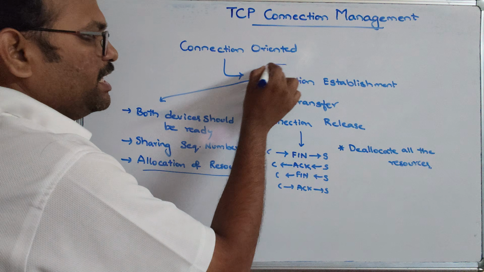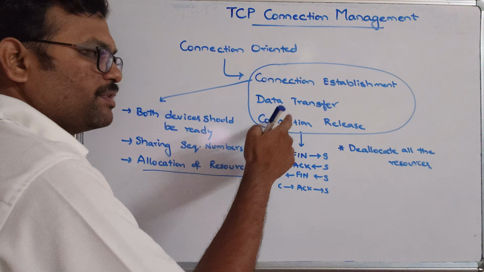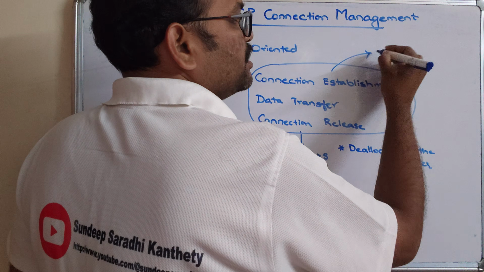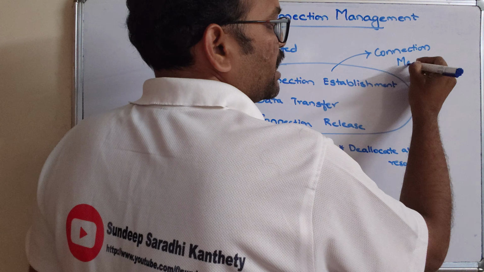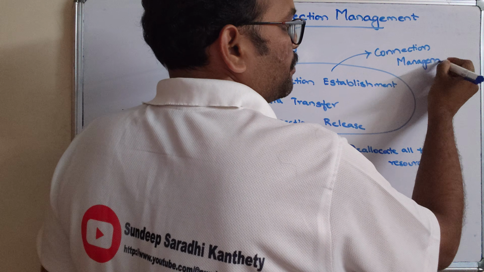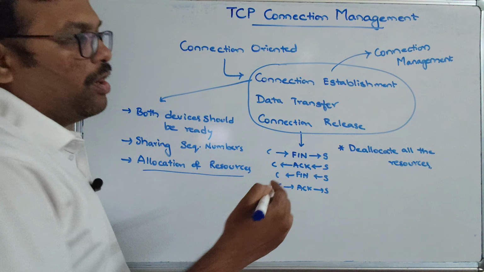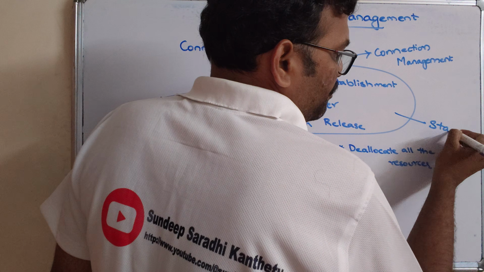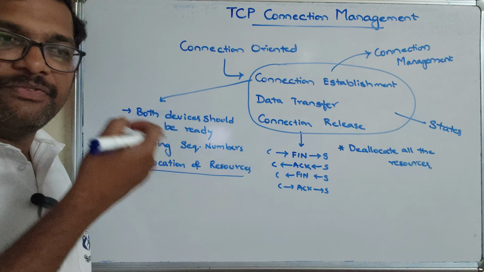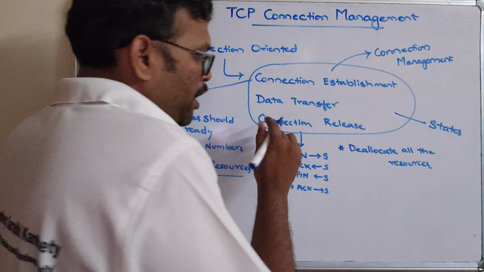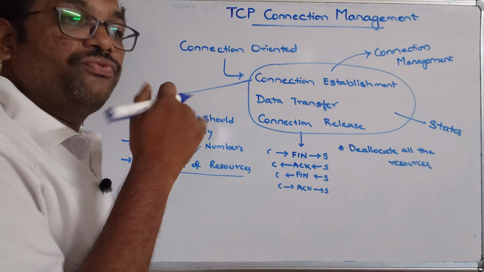All these three phases, connection establishment, data transfer, and connection release, are called connection management. During all these phases, TCP will be moving through different states, from the beginning, that is from connection establishment, to sending the acknowledgement to release and finish the connection.